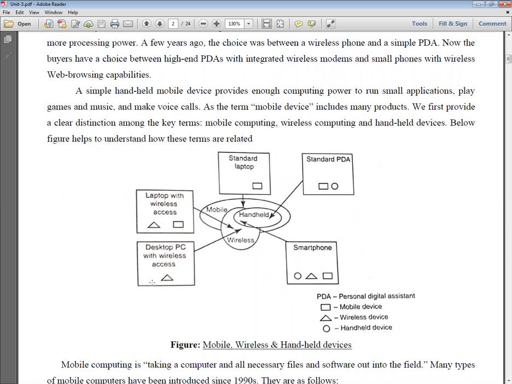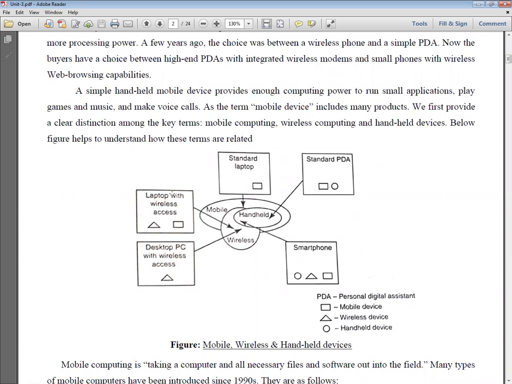So if you look at the standard laptop, for a standard laptop we can have wireless, right? This standard laptop contains a square. So what does the square represent? Mobile device.